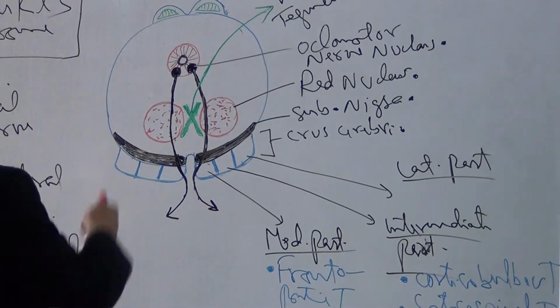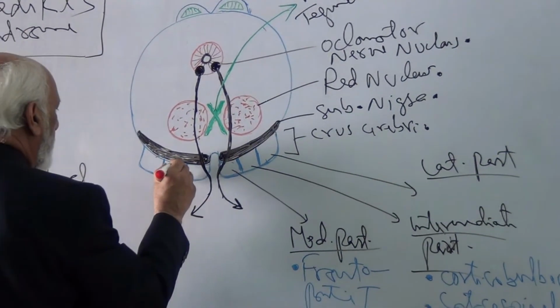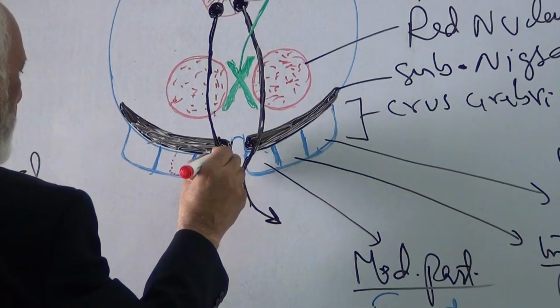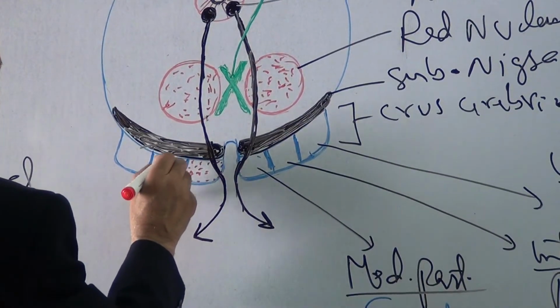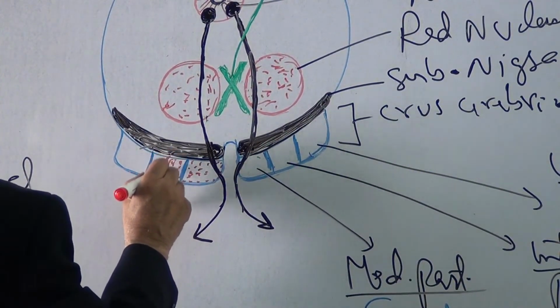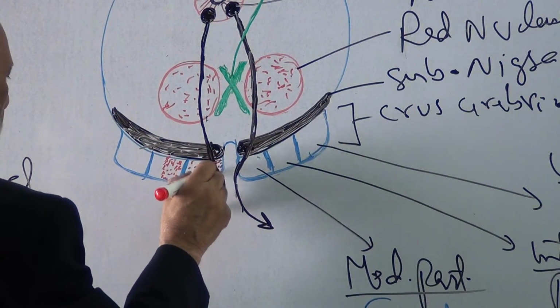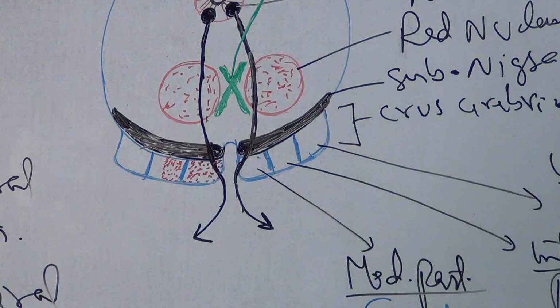Now lesion location. The lesion involves the crus cerebri, which part? The middle part and adjacent portion of the intermediate part. Then oculomotor nerve fibers passing through the medial part of the crus cerebri.